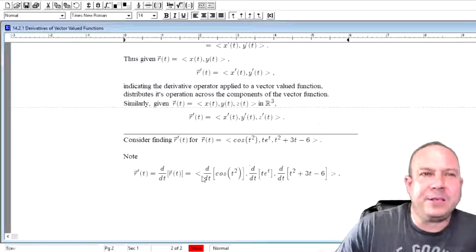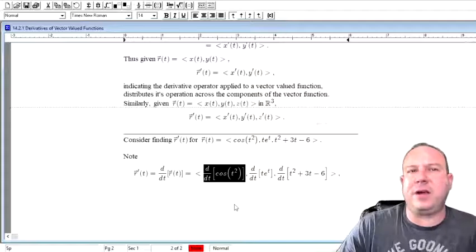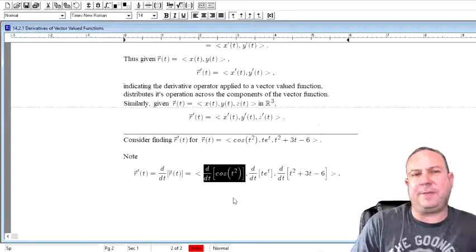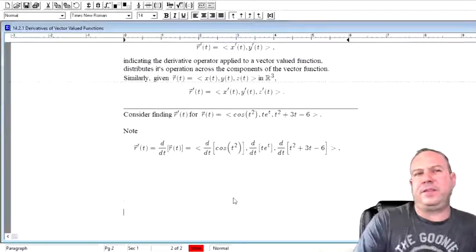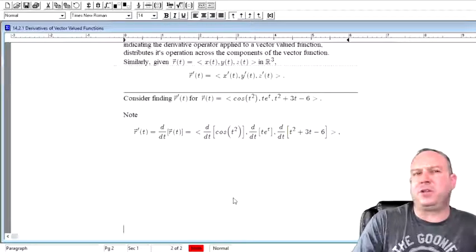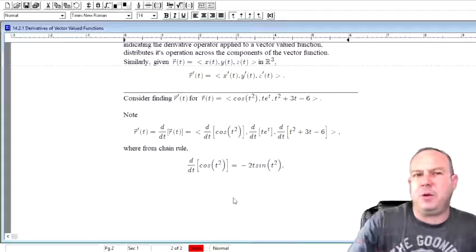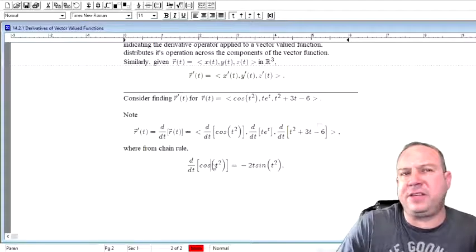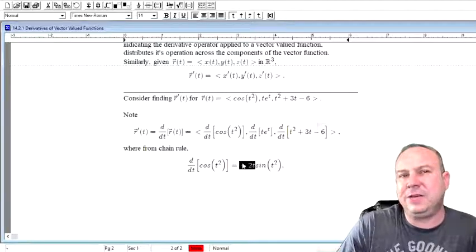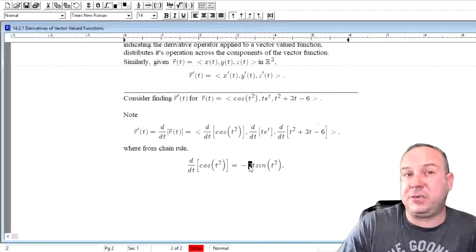So what's the derivative of cosine t squared? How do we find that? Well, if you think back, that's a little chain rule because we're looking at a composition of 2 simpler functions. From chain rule, the derivative of the interior function t squared is 2t, which is brought out in front as a constant multiple.